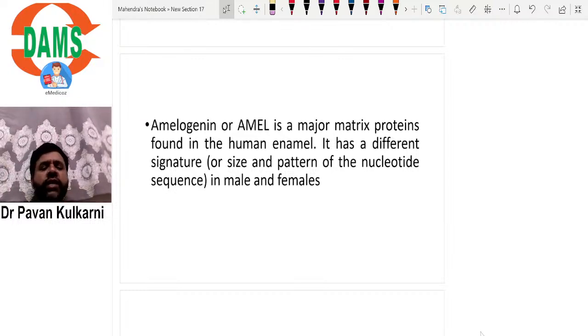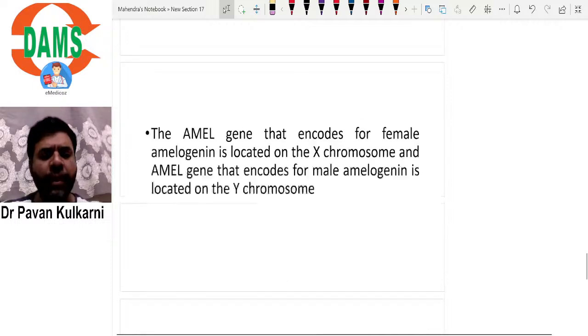What do you mean by signature? Nucleotide sequence. All of us know about nucleotide, right? It's basic biochemistry. Nucleotide, nucleoside. So the nucleotide size and pattern is different here in males and females.